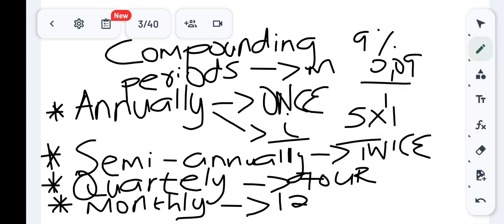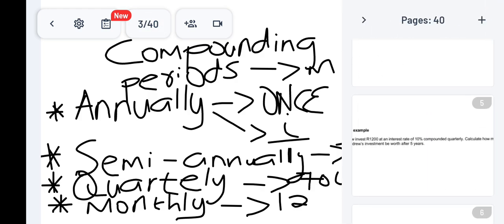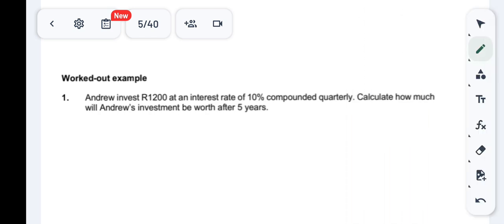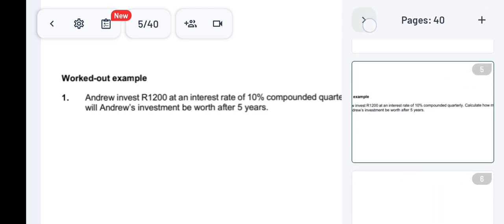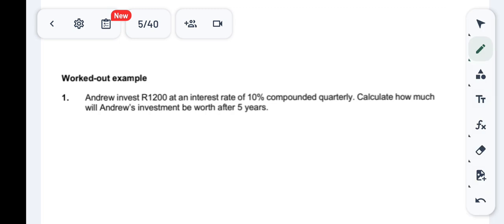So these are your compounding periods: annually, semi-annually, quarterly, and monthly. Remember, for semi-annually, they can say half yearly. So let's go to these questions here. I've got 2 questions, but let's start with this one. They are saying Andrew invests 1,200.